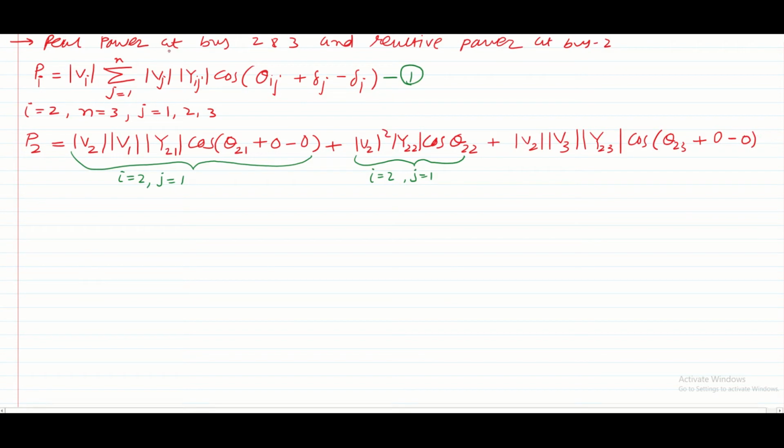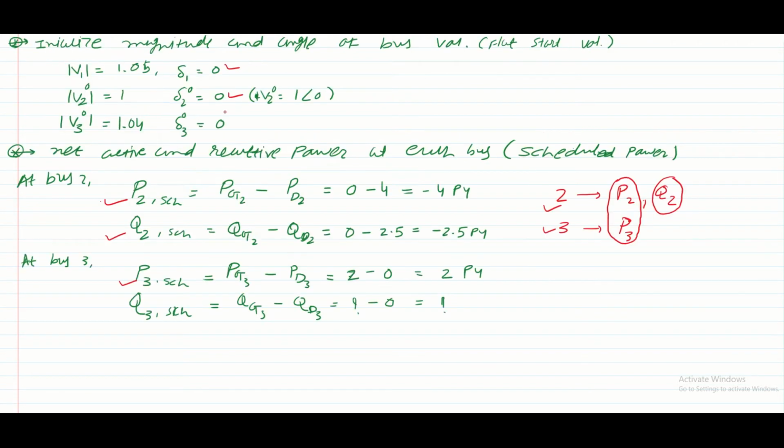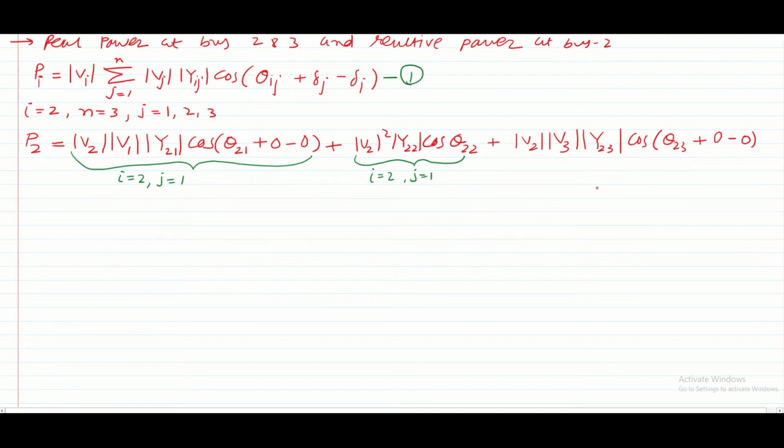Why? Because the values of delta 2 and delta 3 are 0. Clear? So here we will get this term after substituting i equal to 2 and j equal to 3.